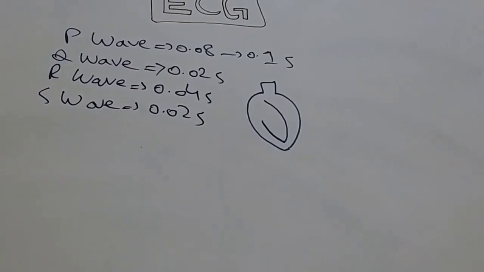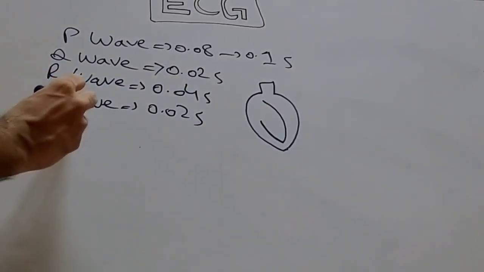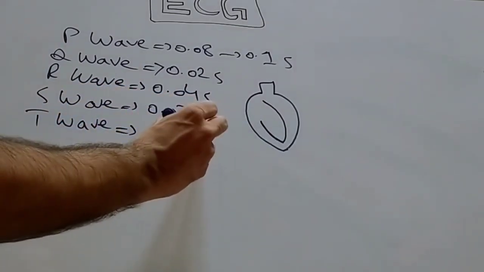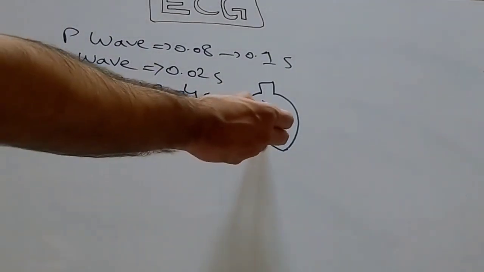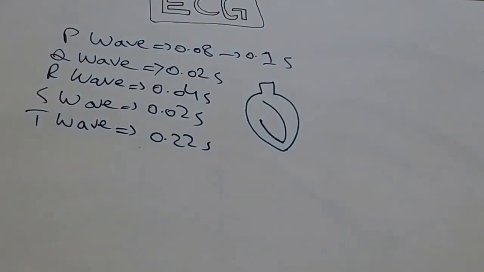So you must need to remember this very important information. After S wave, we have T wave, and its duration is 0.22 seconds. So T wave actually depicts the repolarization of the ventricle, which starts from here. Here the repolarization is started. So these are the waves which I have shown you.